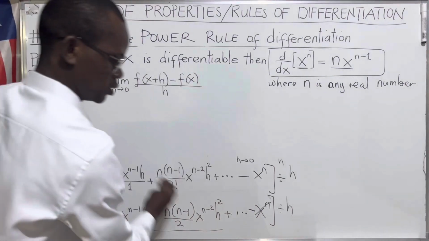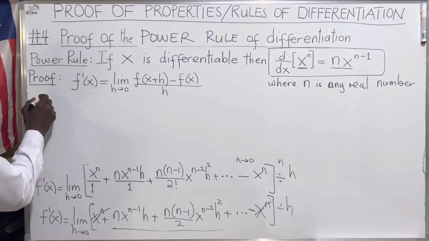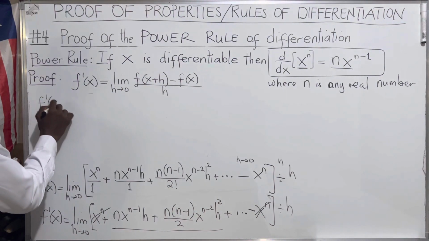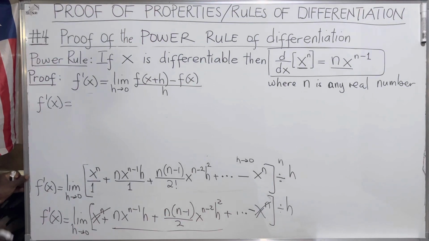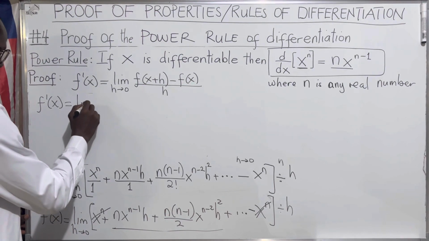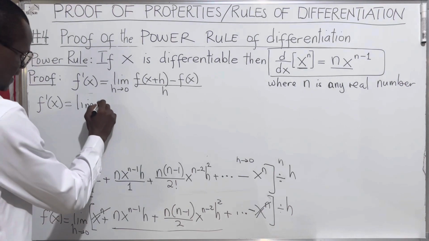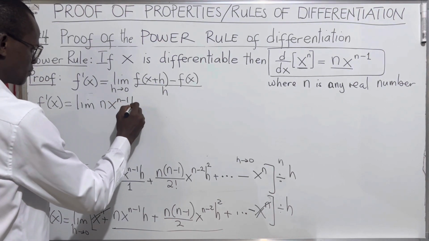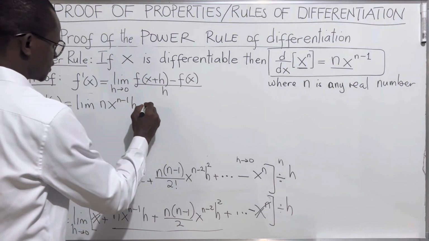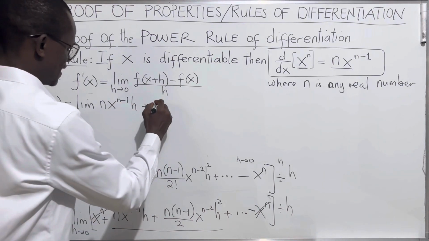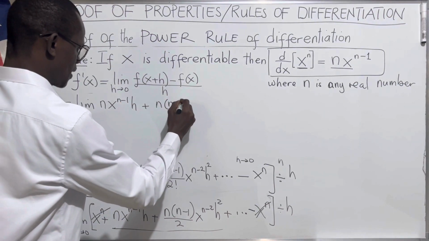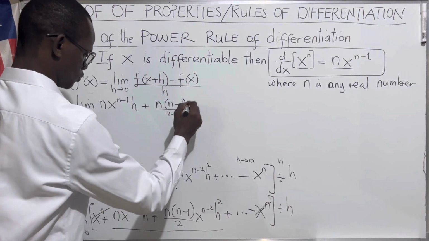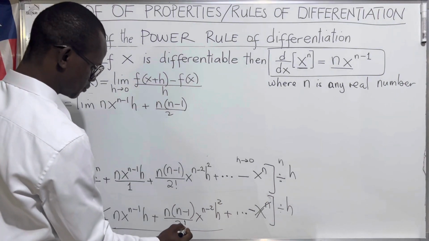So we have f prime of x to be equal to the limit. Now what is left is n x raised to the power n minus 1 times h plus n times n minus 1 all over 2 factorial.